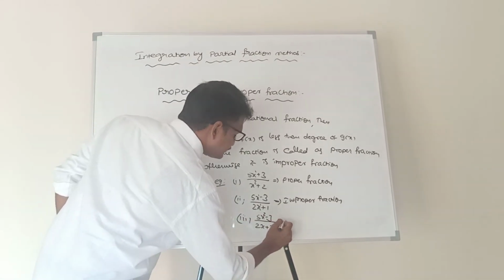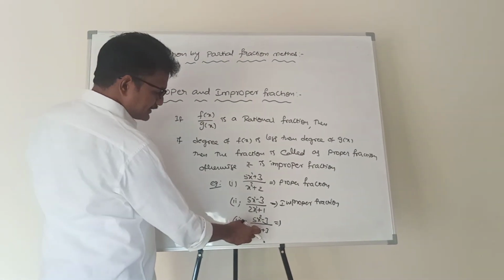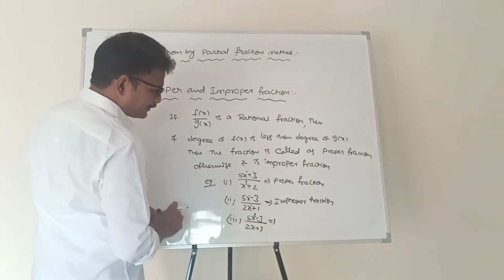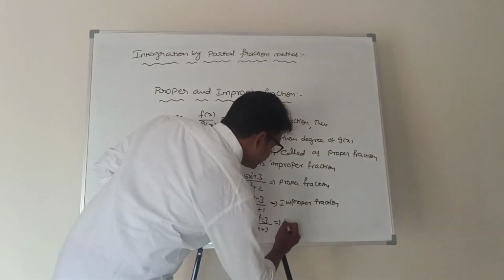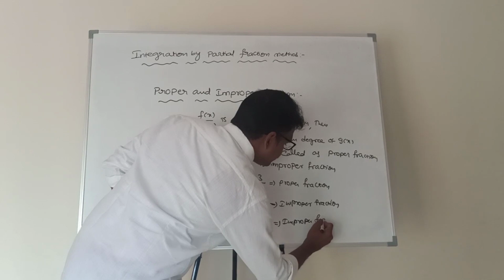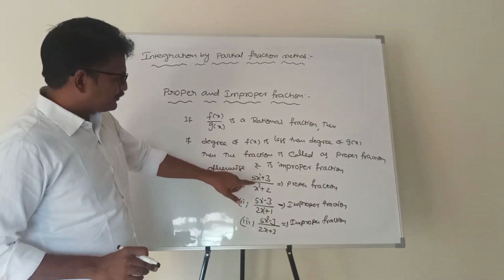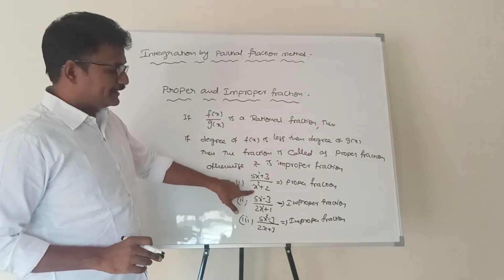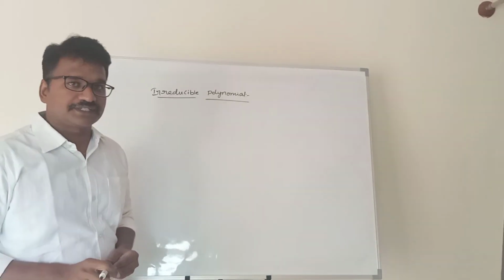Here the degree of the numerator is more than the degree of the denominator. Therefore, it is called an improper fraction. So a proper fraction means the degree of the numerator is lesser than the degree of the denominator. Otherwise, it is called an improper fraction.